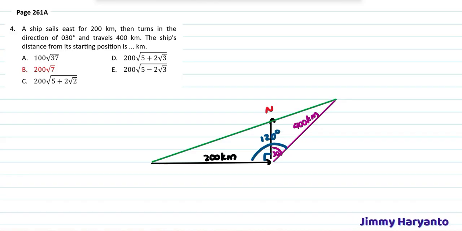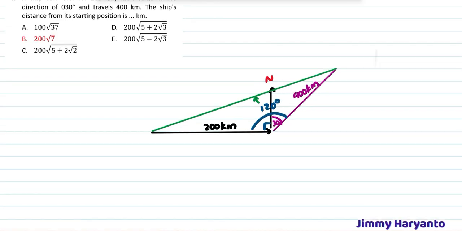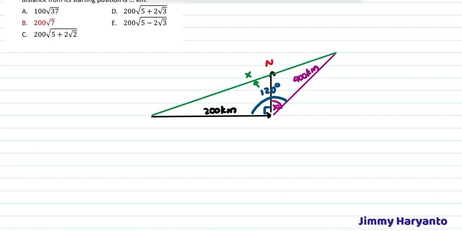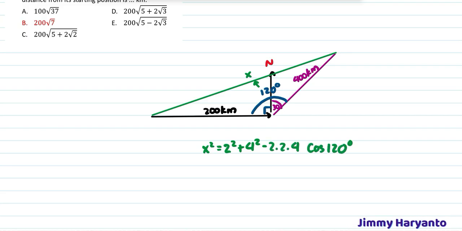Because we have to find this, that means we can use the cos rule. The cos rule said that x square equals to 2 square plus 4 square minus 2 times 2 times 4 times cos 120. Okay, for this one, I ignore the 0 first. We can add it later after we get the final answer.